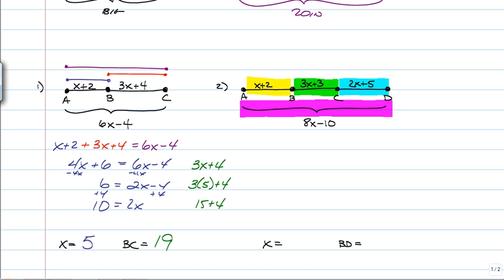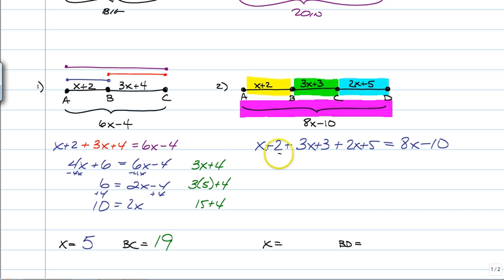So your equation should be little piece x plus 2, plus little piece 3x plus 3, plus little piece 2x plus 5, is equal to the big piece 8x minus 10. If you have that equation, you are free to go solve and find the length of BD.